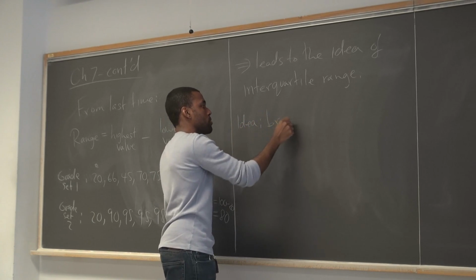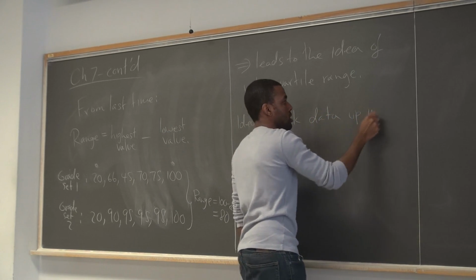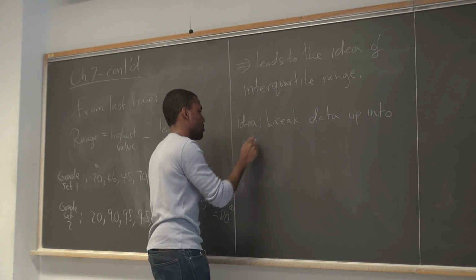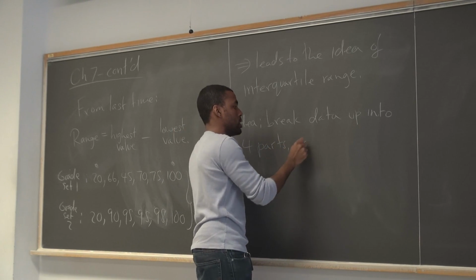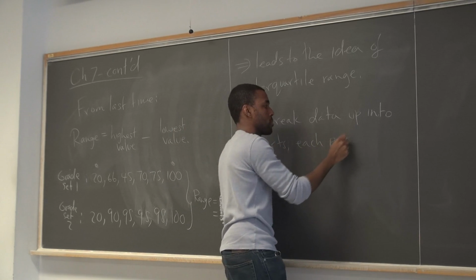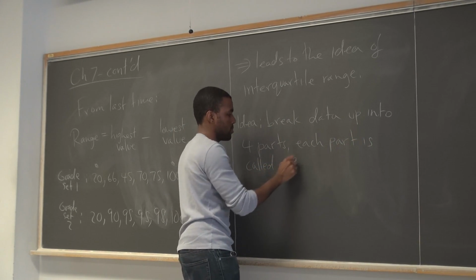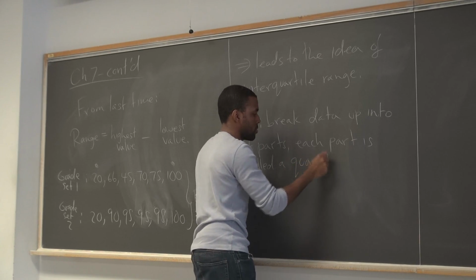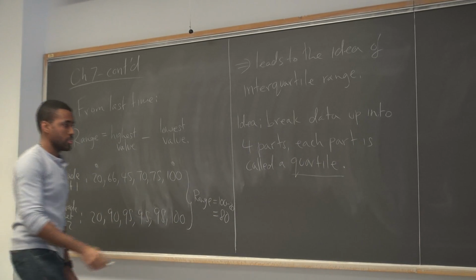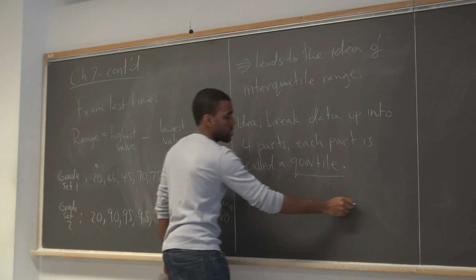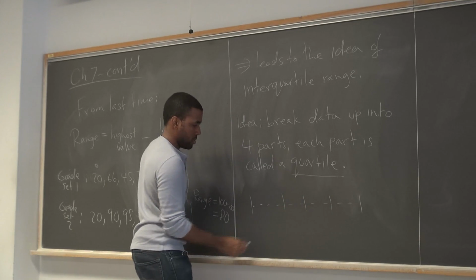break our data up into 4 parts. And each part is called a quartile. Right? So it's just a range of data points. When you take your data, so you have a bunch of data points here, and you break it into 4 pieces.